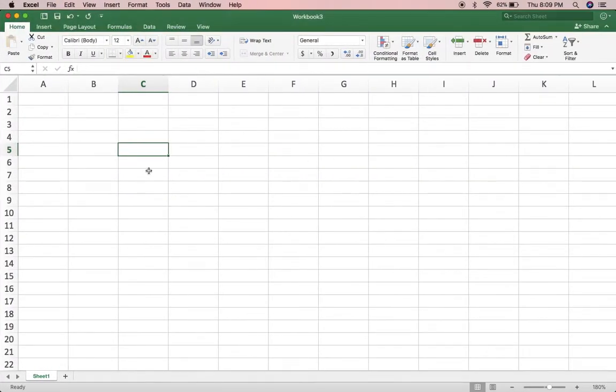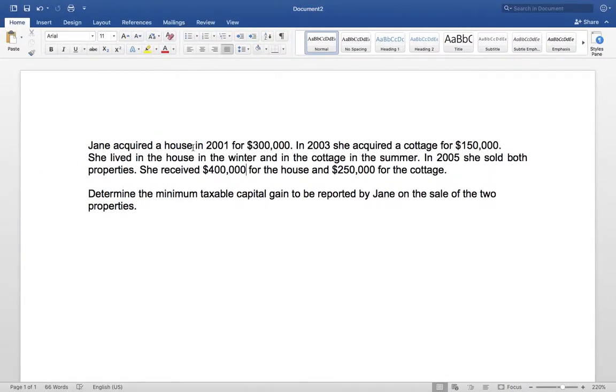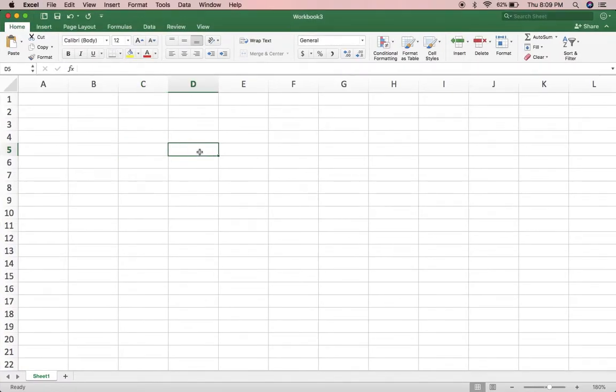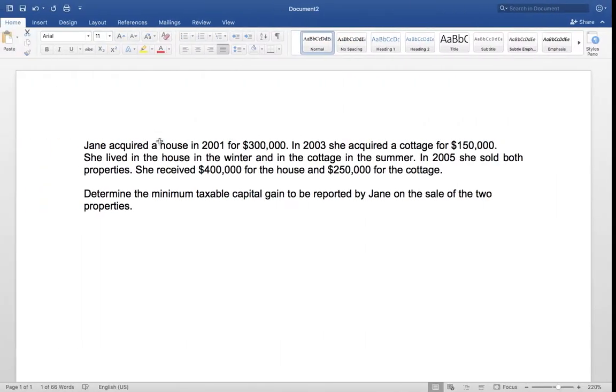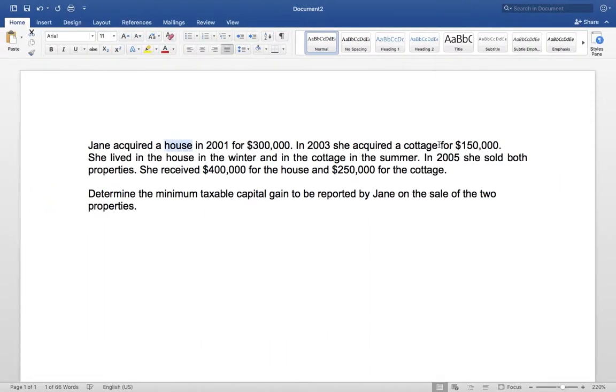Okay, so let's see. She had a house. I'm going to make two columns: house, and she had a cottage.